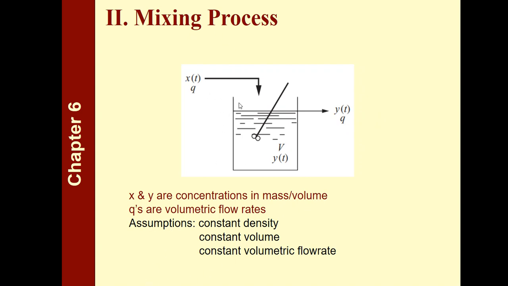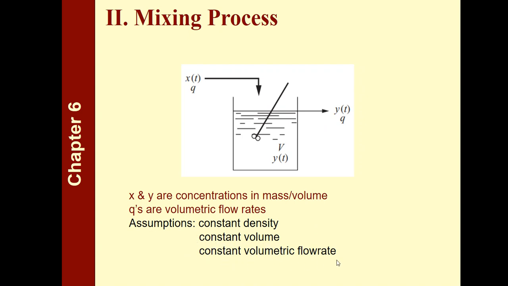Now the Q that you are seeing here has to be constant. Otherwise, our tank will either overflow or dry up. So this Q is fixed and it's a constant. Now our assumption, so that one included the volumetric flow rate being constant, we are also assuming constant volume.